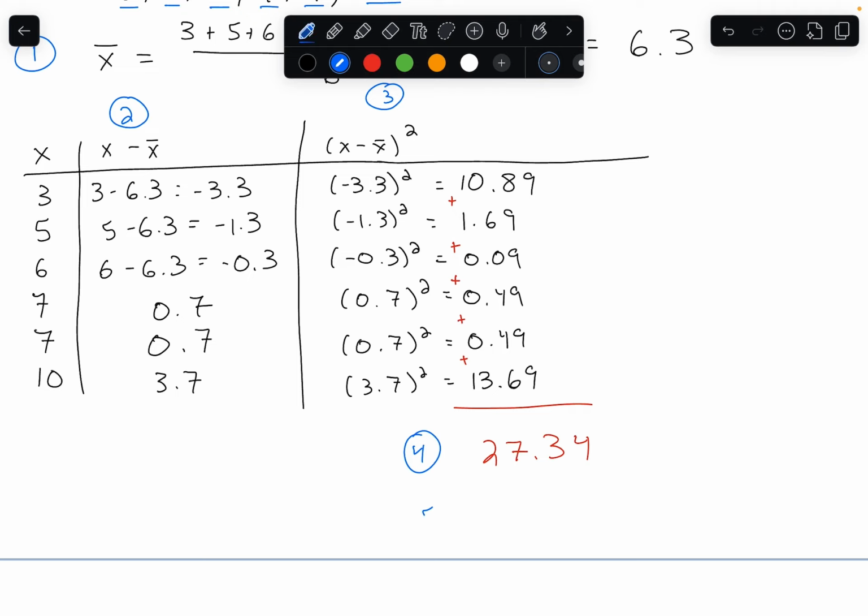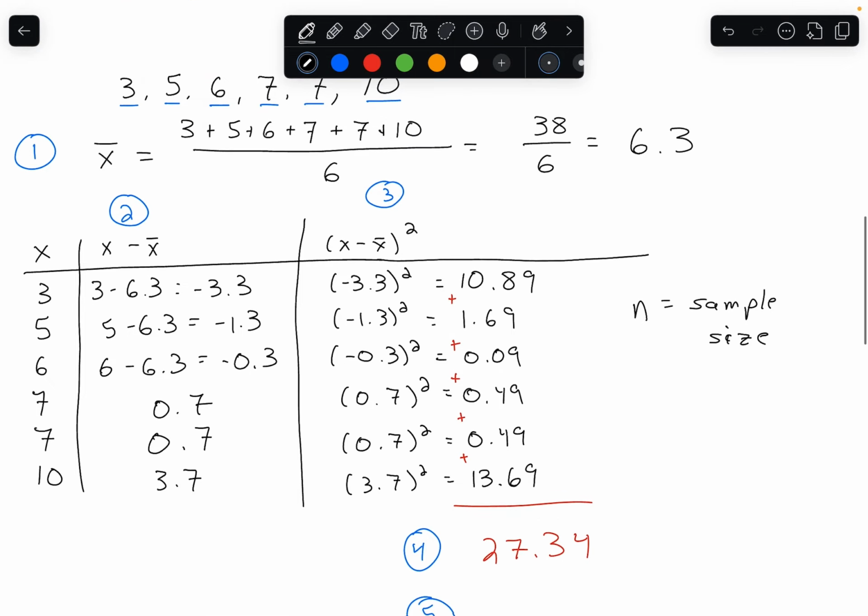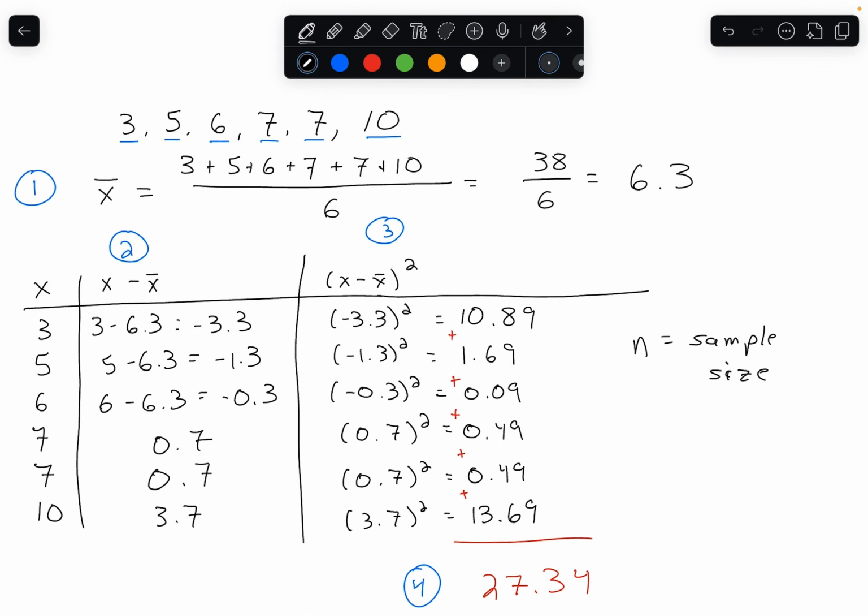For step 5, I'm going to take the number that I found in step 4, and I'm going to divide it by n minus 1. Now, n represents our sample size, or the number of data values that we have. So in this case, if we go back up, we had 1, 2, 3, 4, 5, 6 data values.